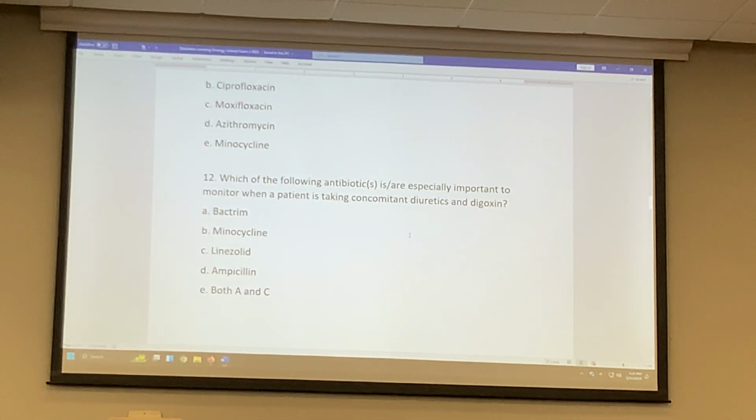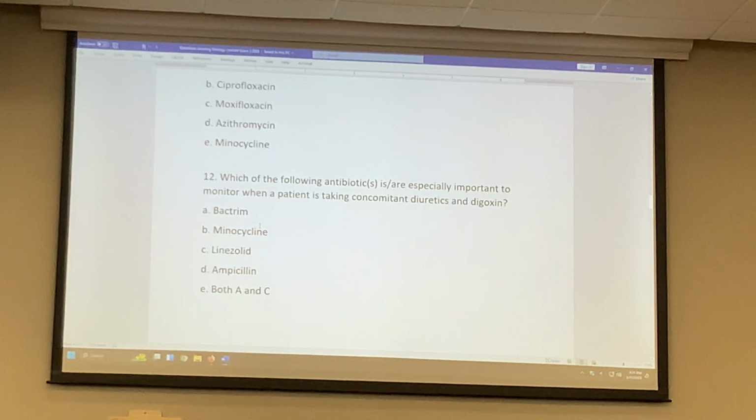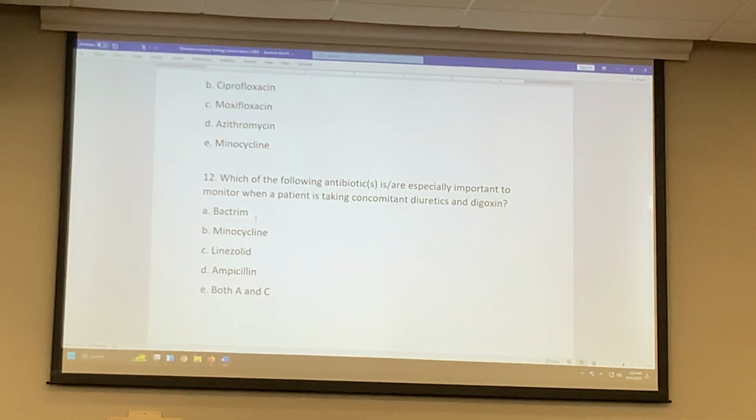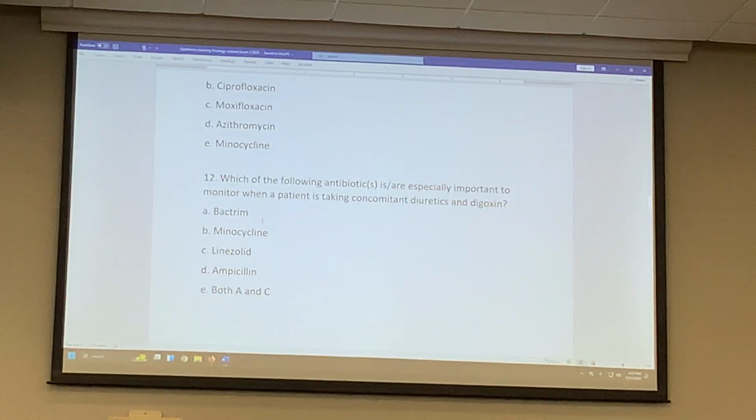Or one of the mechanisms, I should say, that influences the activity of digoxin? Potassium, exactly, right. So it is potassium. So what did we say earlier about Bactrim? What's one of the side effects of Bactrim? What does Bactrim cause? Hyperkalemia, right.